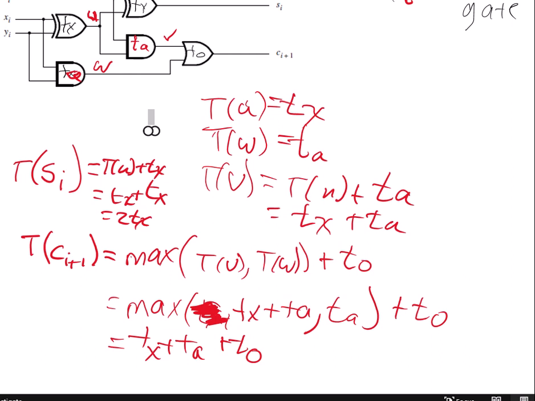So we have two outputs. We have Si and we have Ci plus 1. So what is our maximum propagation delay?